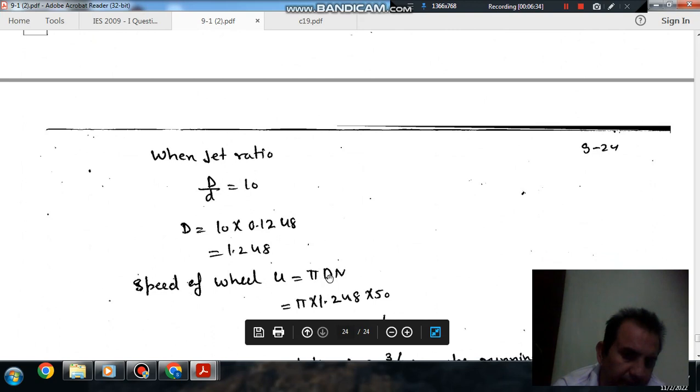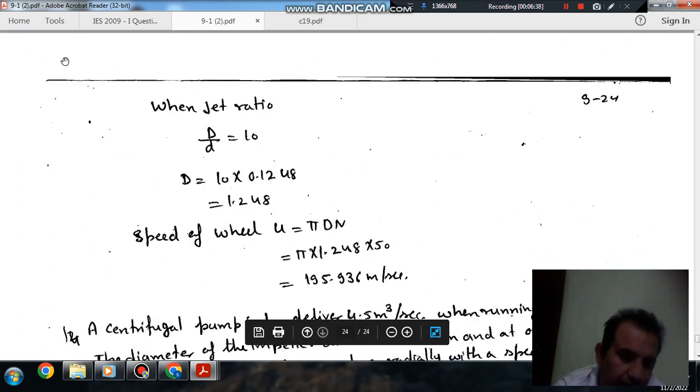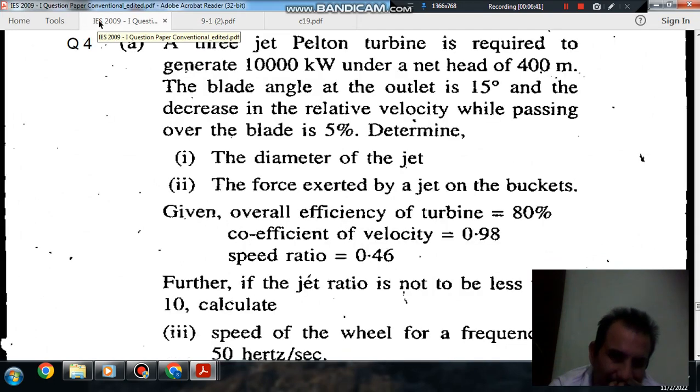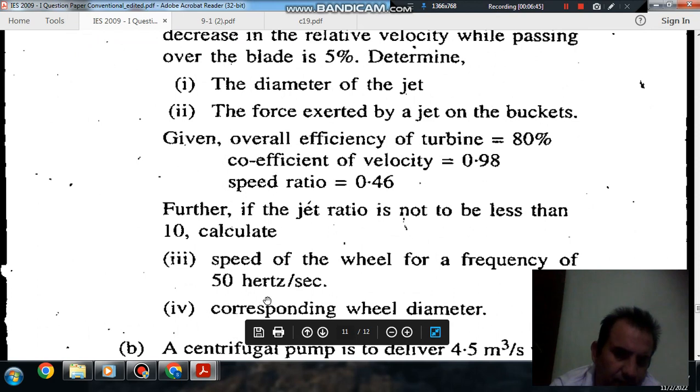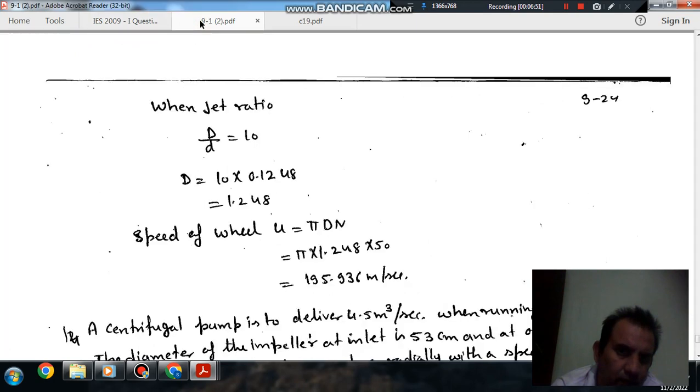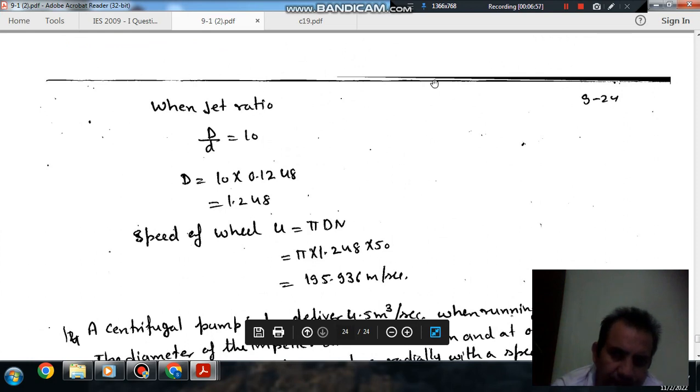Speed of wheel will be pi D N, and N is given as 50 hertz. So speed of wheel will be 195.936 meter per second.